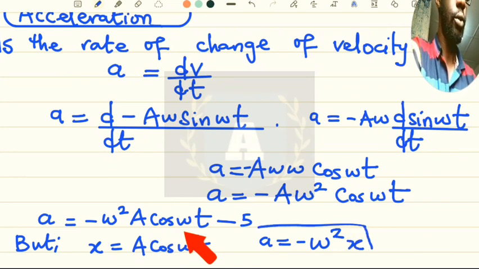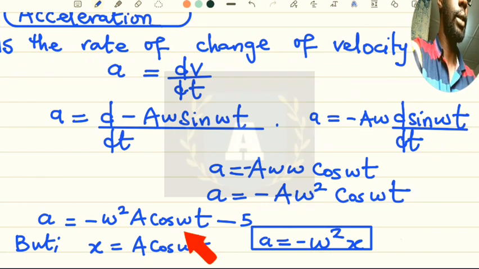So that also we can use to get our acceleration when it has to do with simple harmonic motion. And the maximum acceleration can also be calculated by saying minus omega squared multiplied by amplitude.